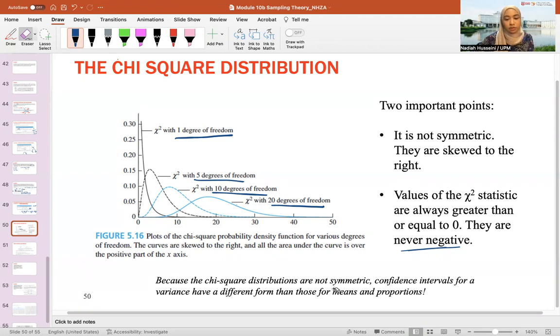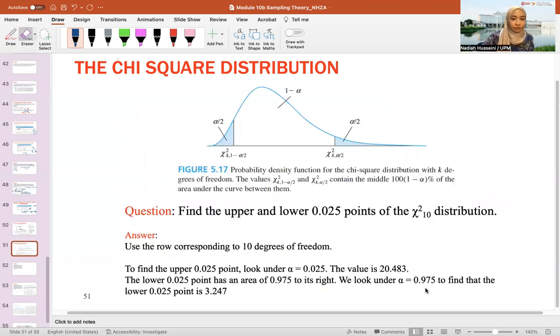Because the chi-square distribution is not symmetric, confidence intervals for variance have a different form than those for means and proportions. Of course, this is why we are looking at this. Remember that for our normal distribution, for two-sided, we can easily say this is z alpha over 2, this is z alpha over 2.